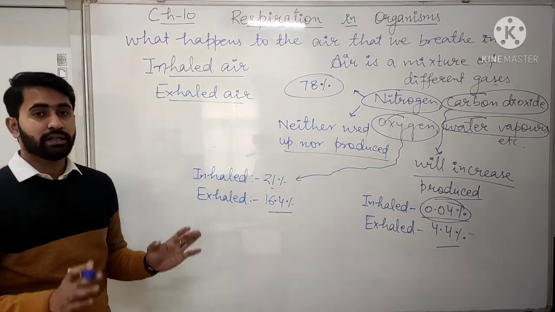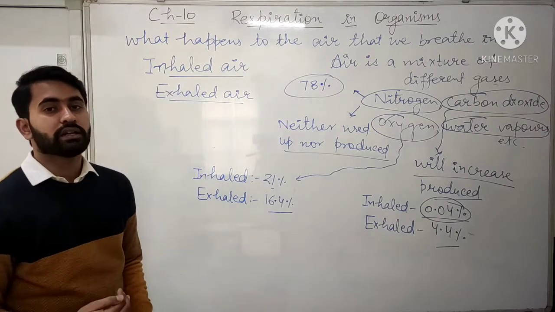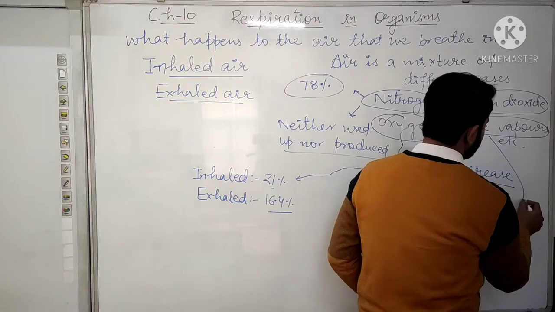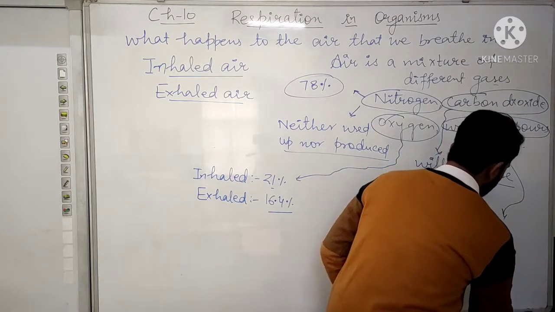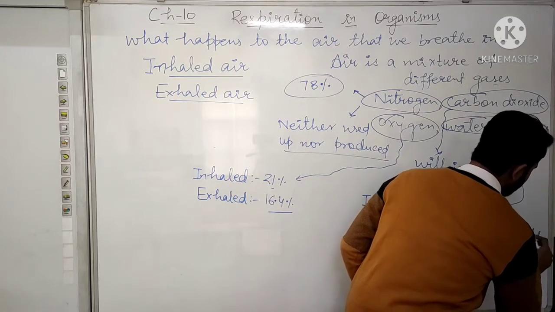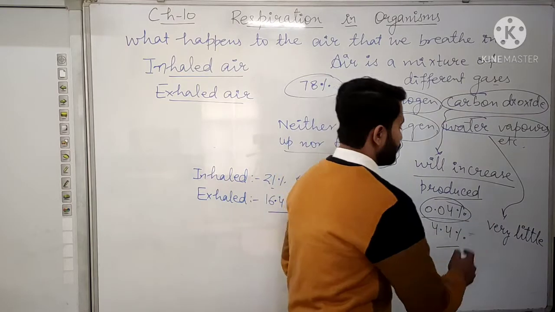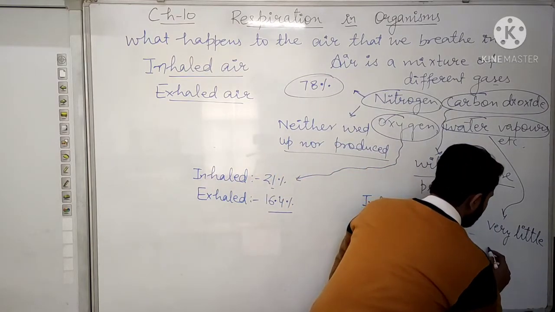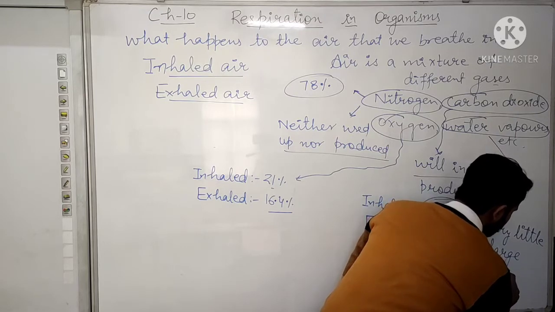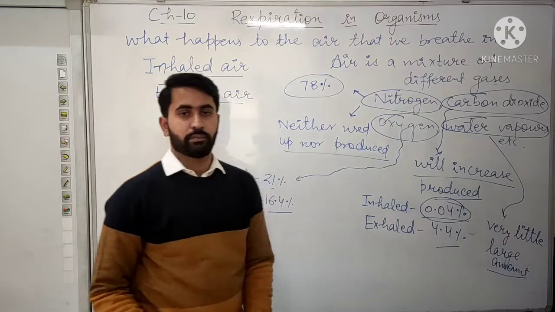Their amount will be more in the exhaled air as compared to the inhaled air. The water vapors present in the inhaled air are very little, whereas the exhaled air contains a large amount of water vapors.